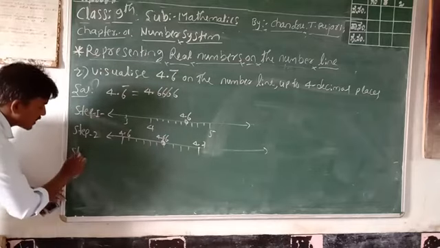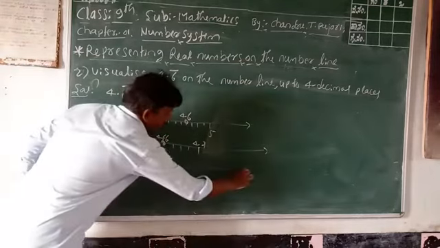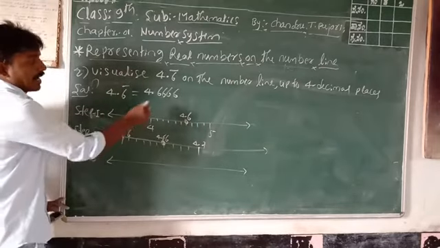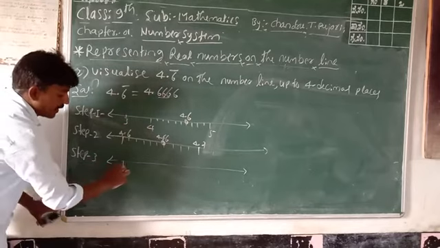After that, step 3: again draw one number line. Again, mark 4.666 on the number line.